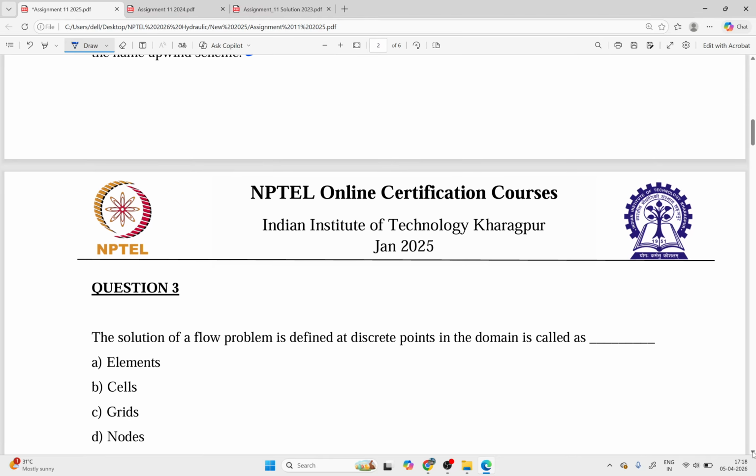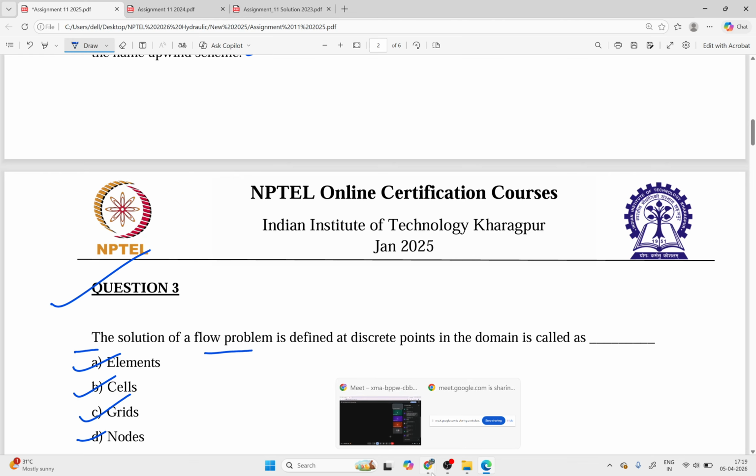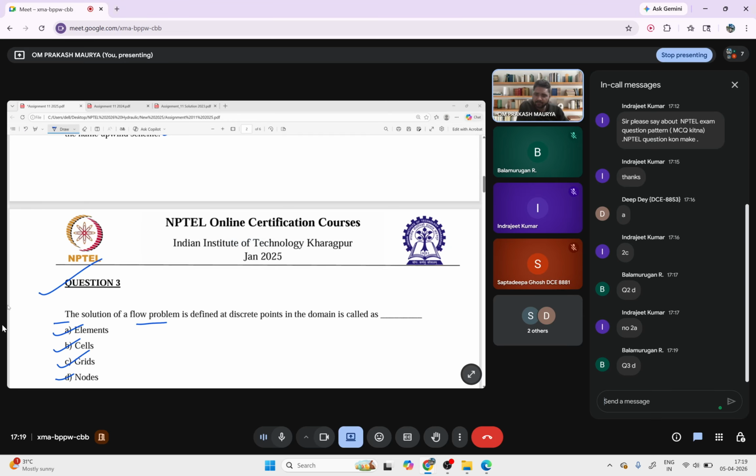Here again, a very fundamental question. Question number 3. The solution of a flow problem is defined at discrete points in the domain, called element, cell, grid, or nodes. Please recall your concept and try to write your answer.